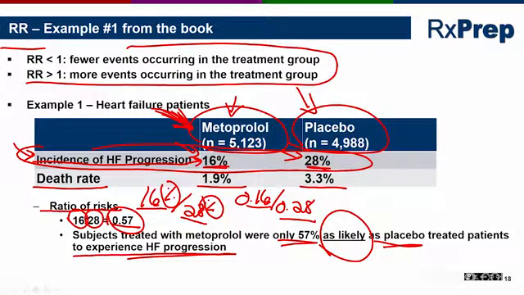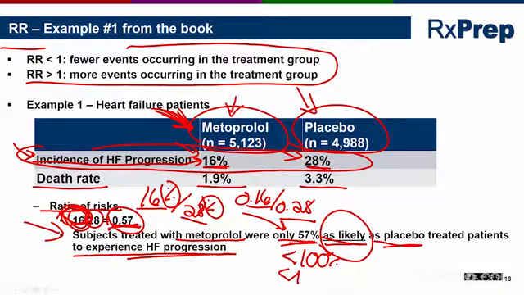So putting this into words could be a little tricky for some. So a couple of rules. We're always talking about what we put in our numerator, which is our drug group, so metoprolol, and they were only 57%, so we're using our calculated number. As likely, we're not saying more likely, we're not saying less likely. This actually looks like less likely because 57% is less than 100%, right?